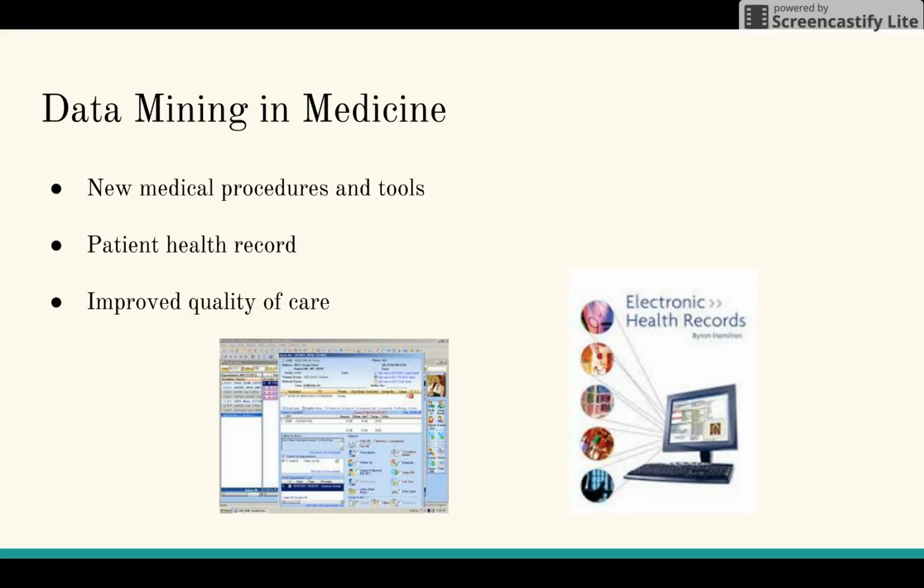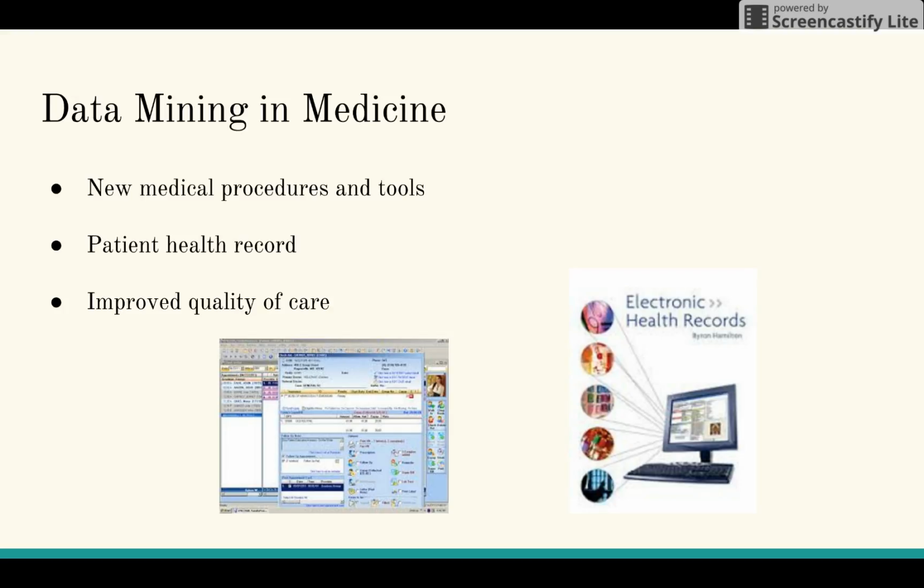Lastly, and the one that is most crucial to me, is data mining in medicine, which comes to the electronic health record. Right now, the electronic health record is kind of static, and we can only use it to input data, but not necessarily retrieve data from it. Data mining allows us to open a vast door to huge medical data analysis.